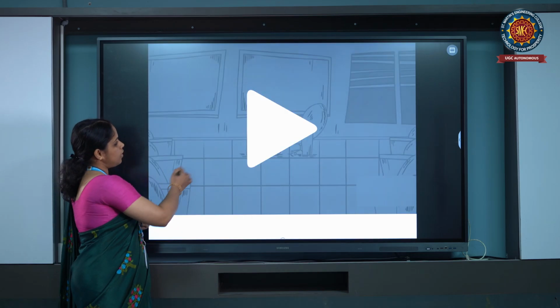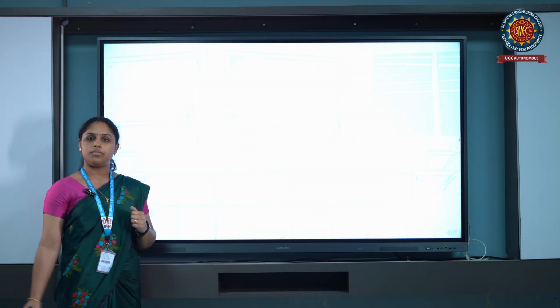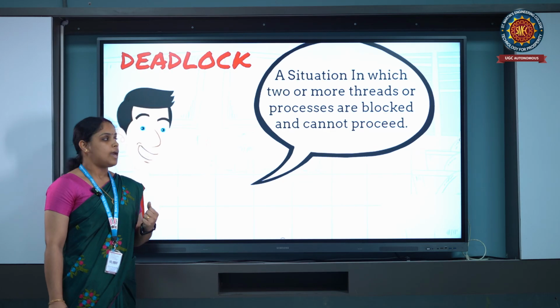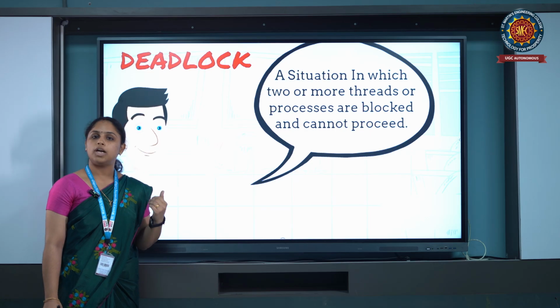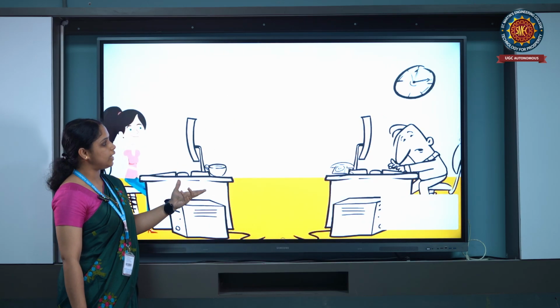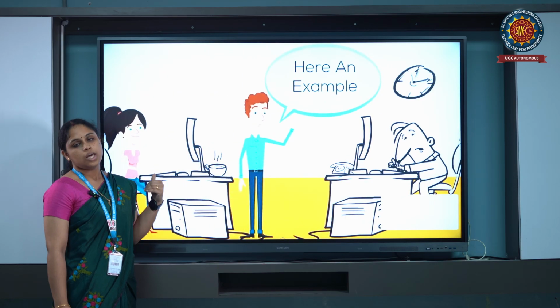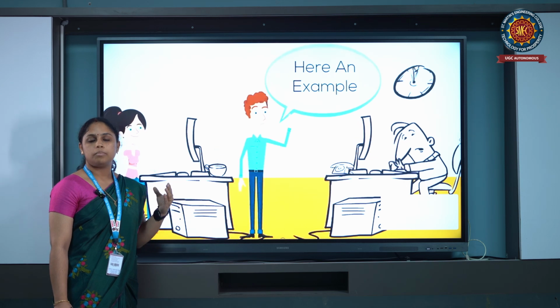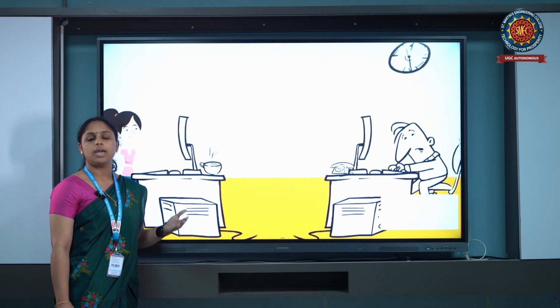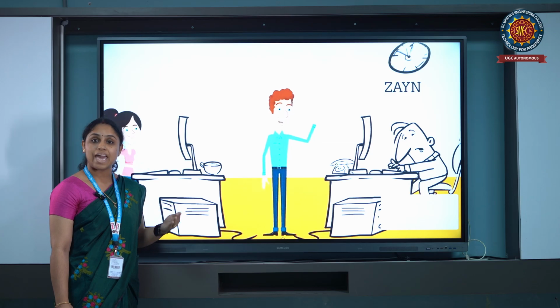Going to another real world example, there are two persons, Zain and Fatih. They are working in an office and working together on the same database, accessing data and making edits in the same database.